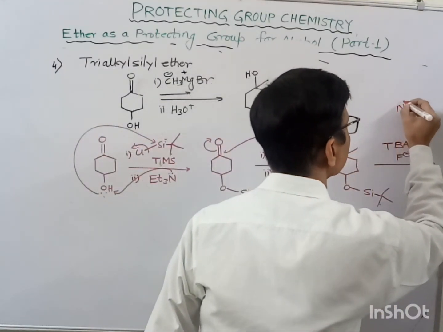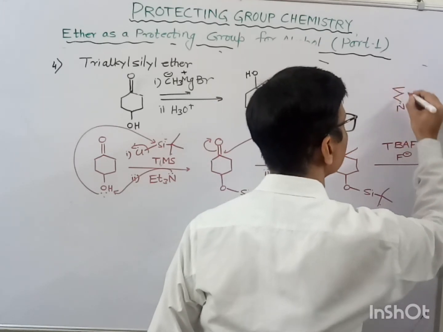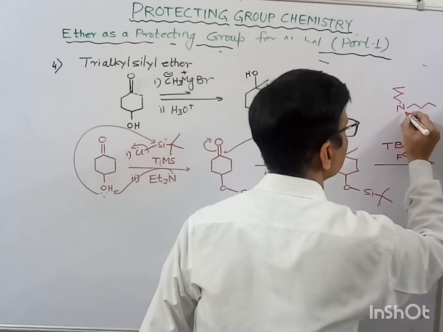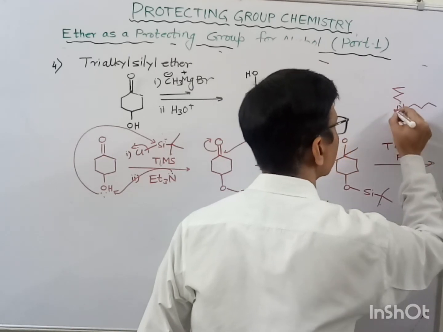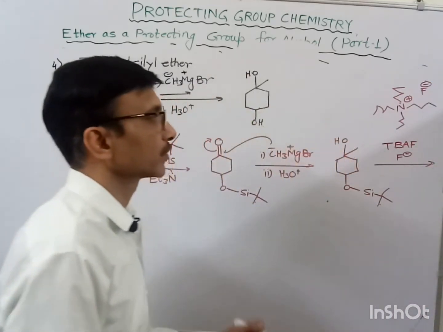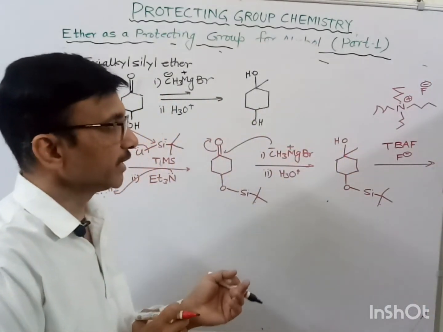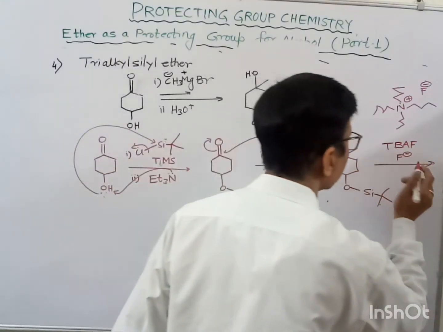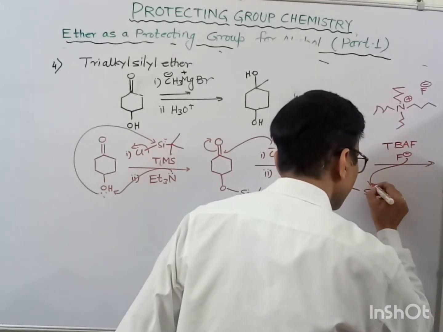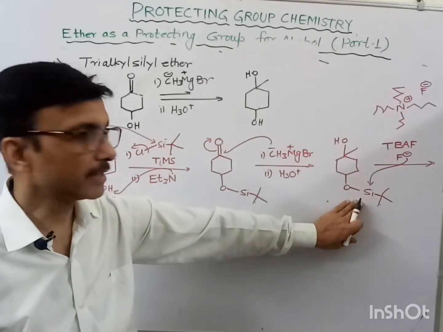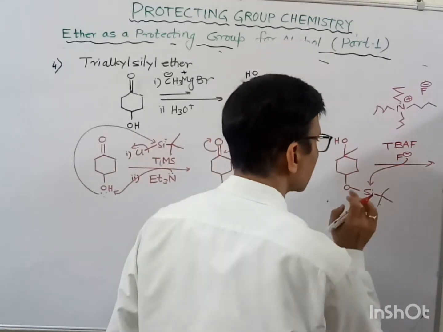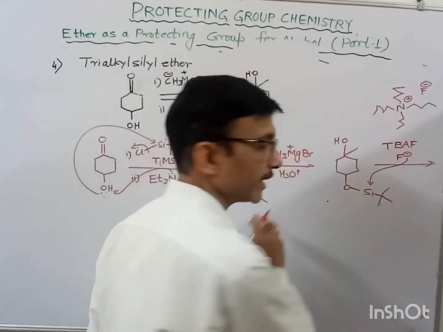The structure of this TBAF is tetrabutyl ammonium fluoride. The fluoride will attack over the silicon, as silicon has empty d orbitals, so this bond will get formed and this bond will get broken.